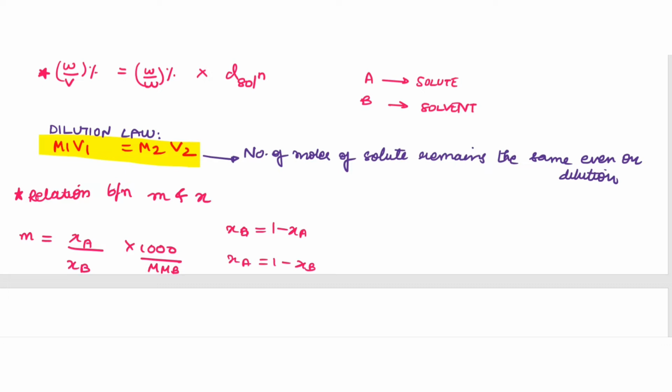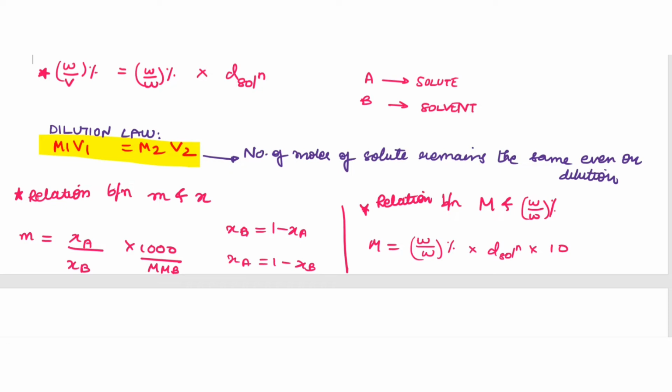Simple. Now let's look at the relation between molarity and weight by weight percentage. Capital M, molarity, is equal to weight by weight percentage into density of the solution into 10 by molecular mass of component A, that is the solute. Remember, here it is the molecular mass of the solute, whereas in the relation between molality and mole fraction, the denominator had the molecular mass of component B, the solvent.